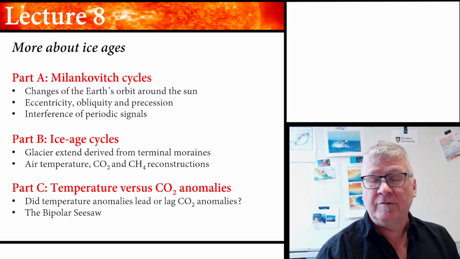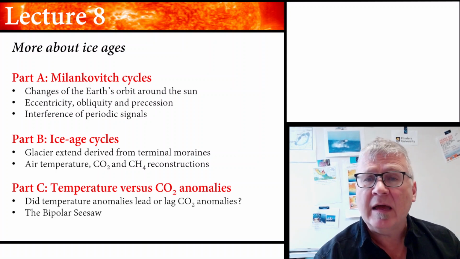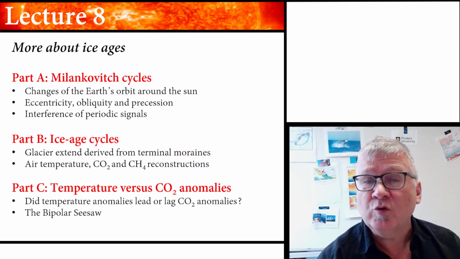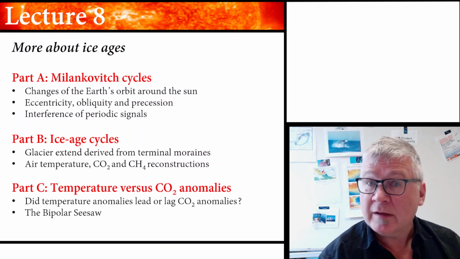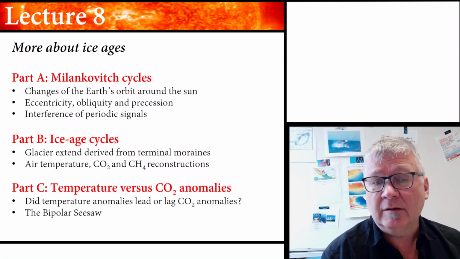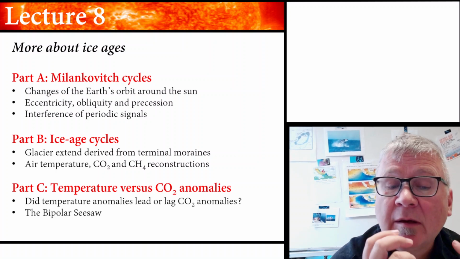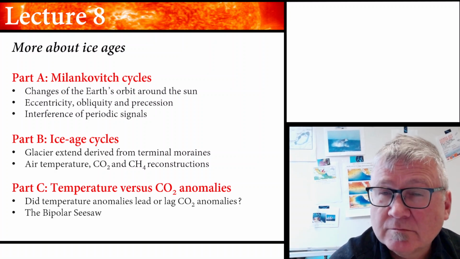In any case, you see that there's a strong link between temperature and CO2 variations. CO2 is one of the key features. I also introduce you in part C to the bipolar seesaw.